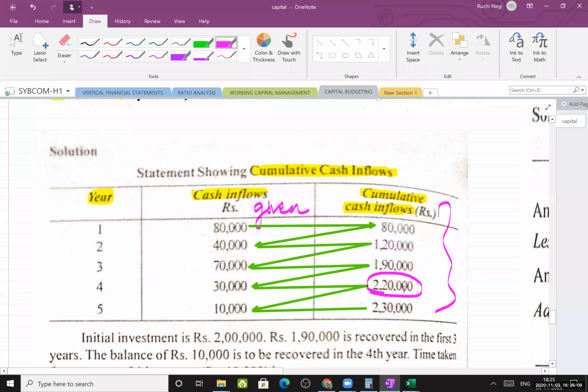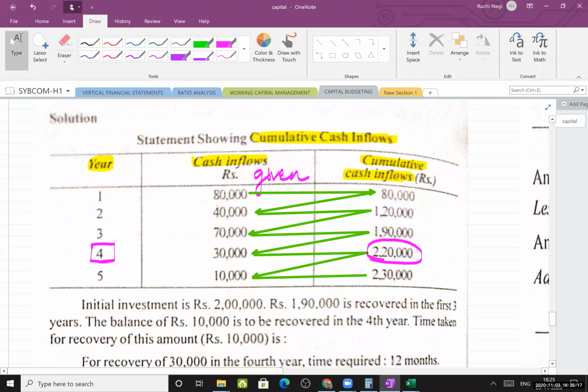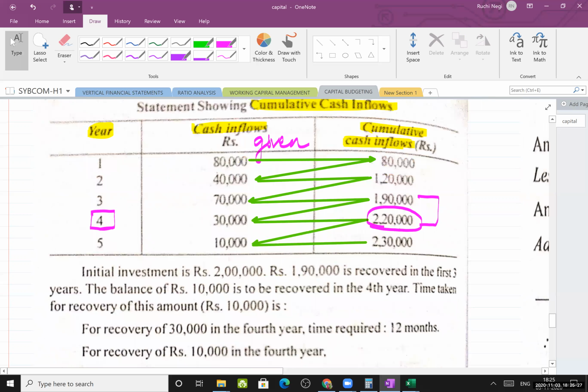My answer will come in the 4th year, but I want only 2 lakhs, and this is 2 lakh 20. So this is the excess that I am going to recover.